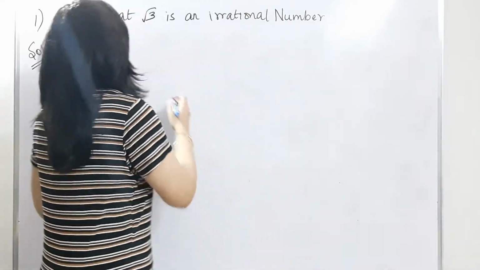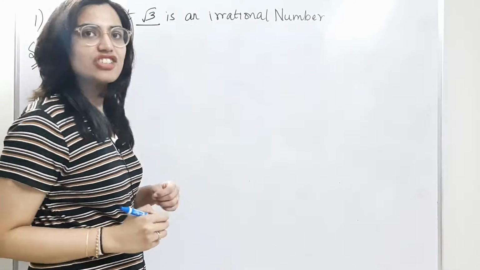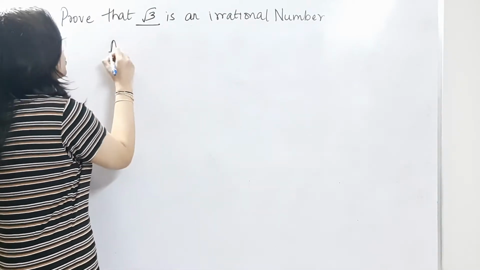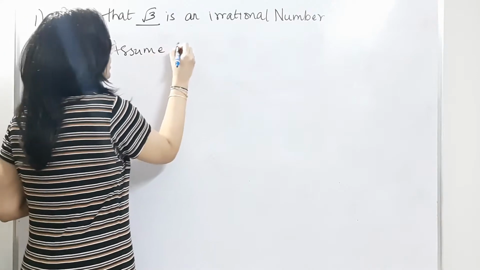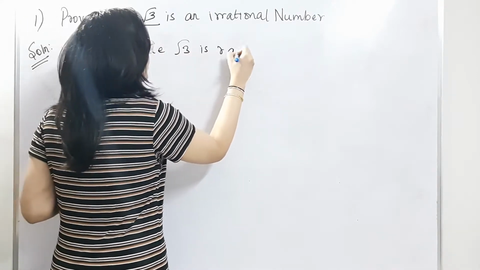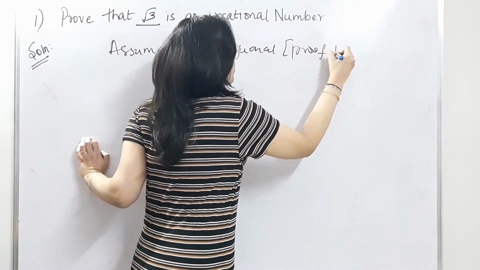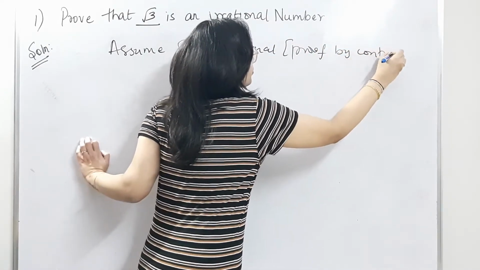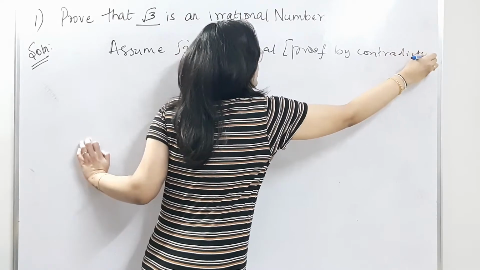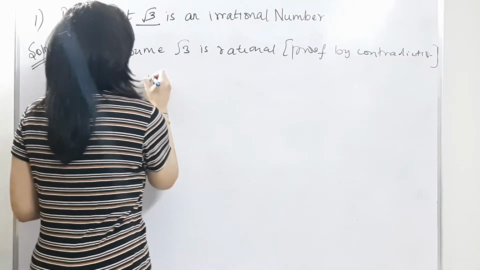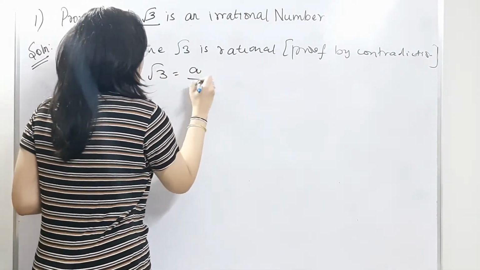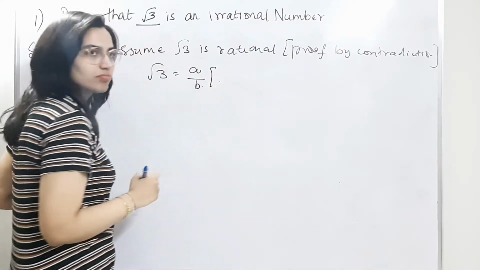Okay, so prove that root 3 is an irrational number. We will assume that root 3 is rational, right? We will use the method of proof by contradiction to show this. And if root 3 is rational, then we know that root 3 should be in the form of A by B, right?